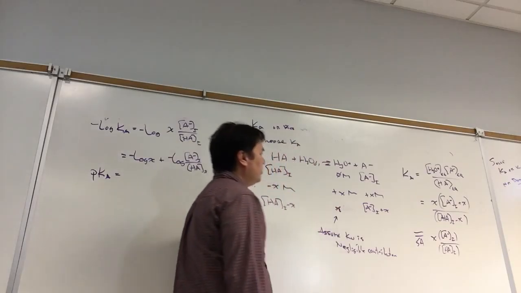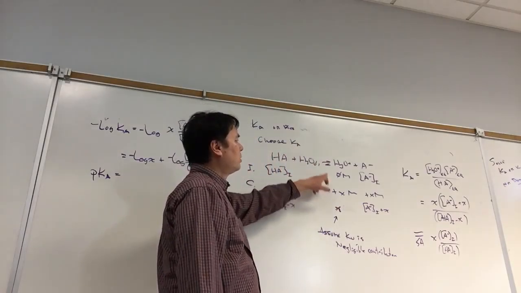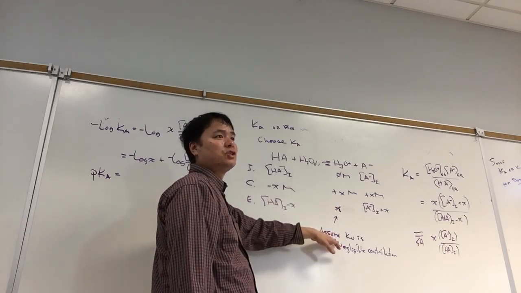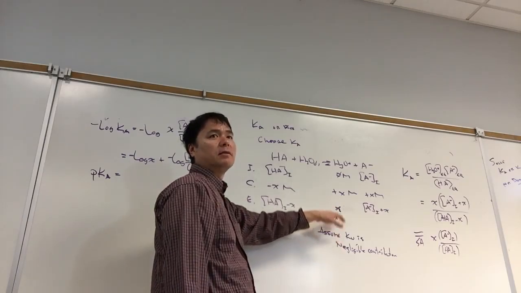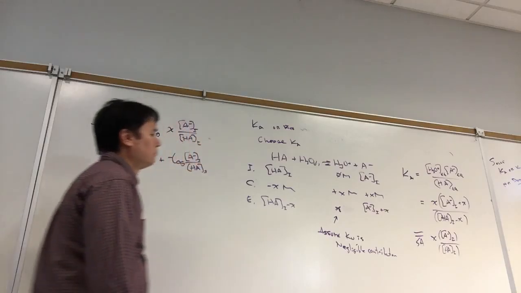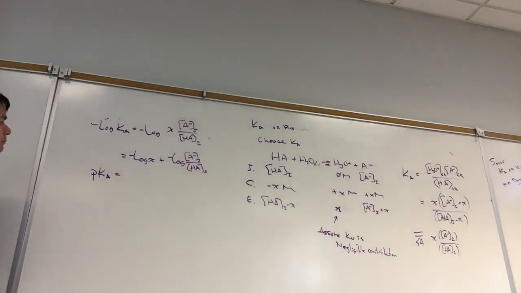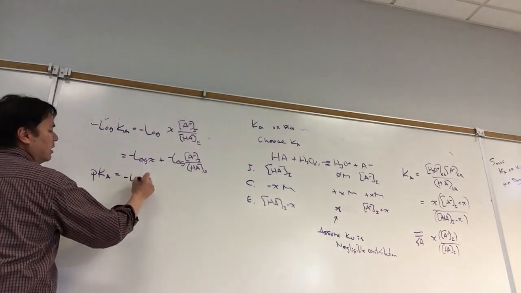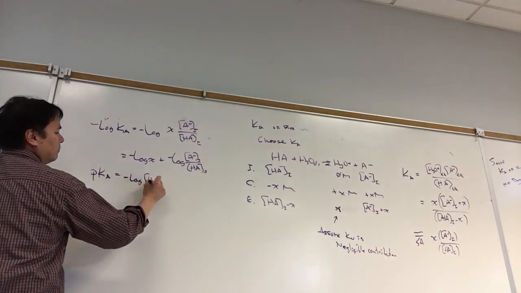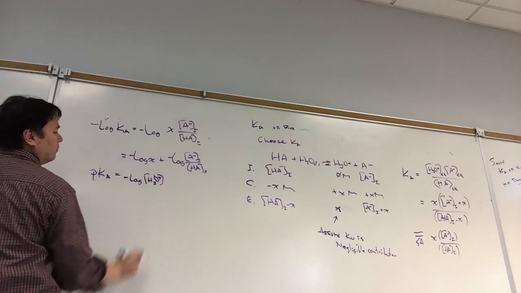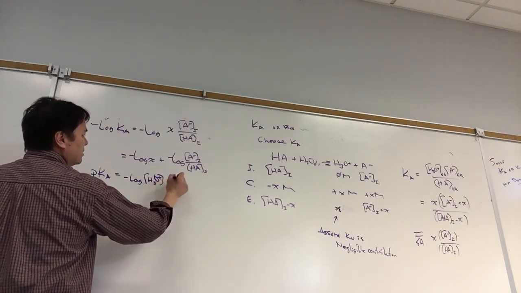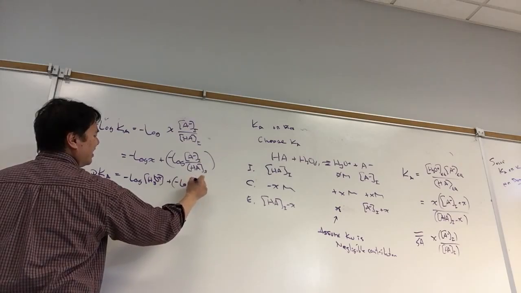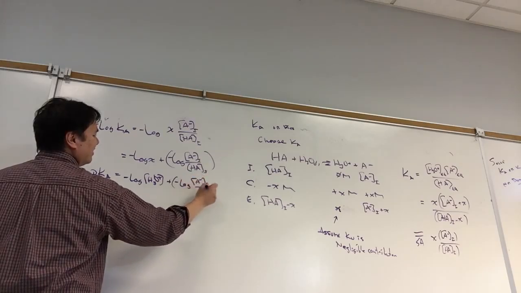If Kw is a negligible contributor, then all the hydronium present in solution is going to come from this step. We could ignore any additional hydronium that comes from Kw. Then this is the negative log of the hydronium ion concentration at equilibrium, plus the negative log of the A minus over the HA.